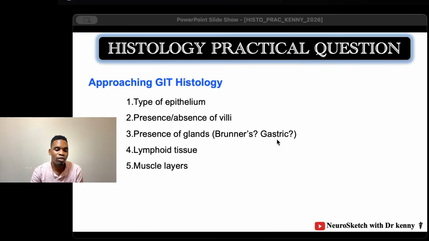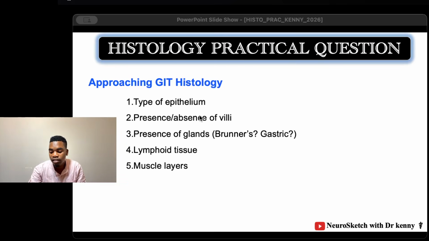Okay, so I think the number one thing that should come to your mind is to identify the epithelium type. What is the epithelium lining? For example, if it's stratified squamous, so it's squamous in layers, and the top cells do not have nuclei, that's going to be non-keratinized stratified squamous epithelium. It clicks in your mind, and you keep it in mind because it might be asked.